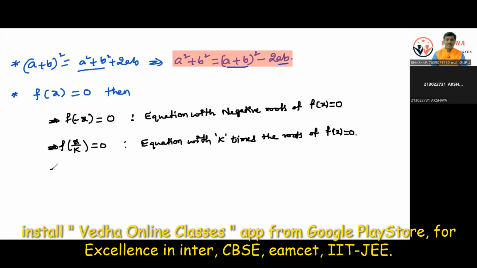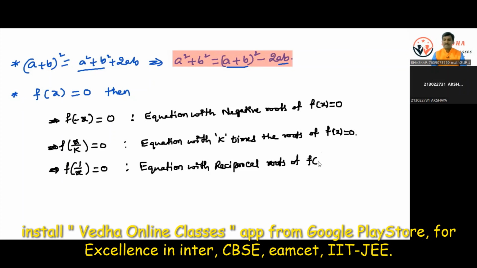Next, reciprocal. F of 1 by x is equal to 0 represents the equation with reciprocal roots of f of x is equal to 0.